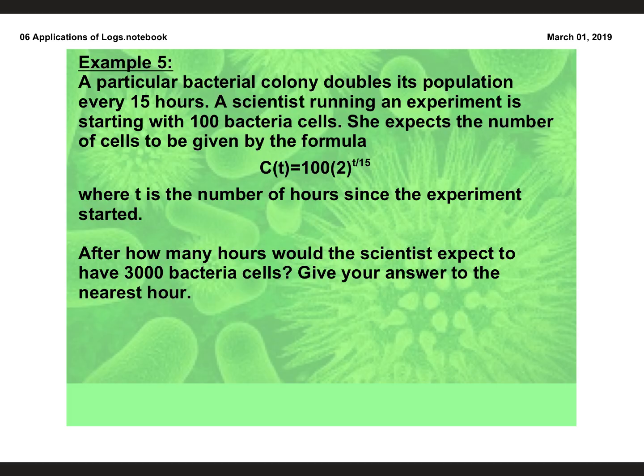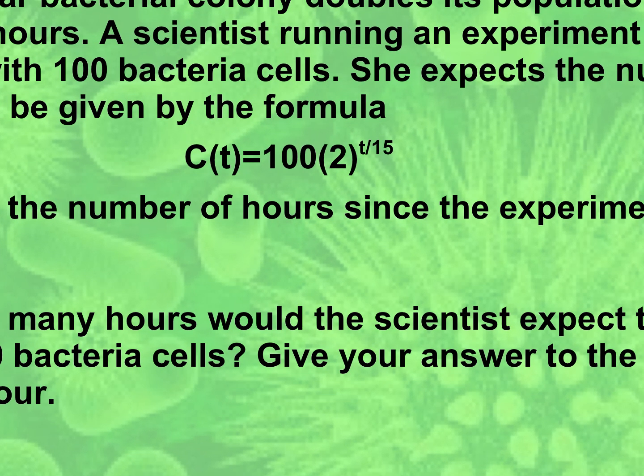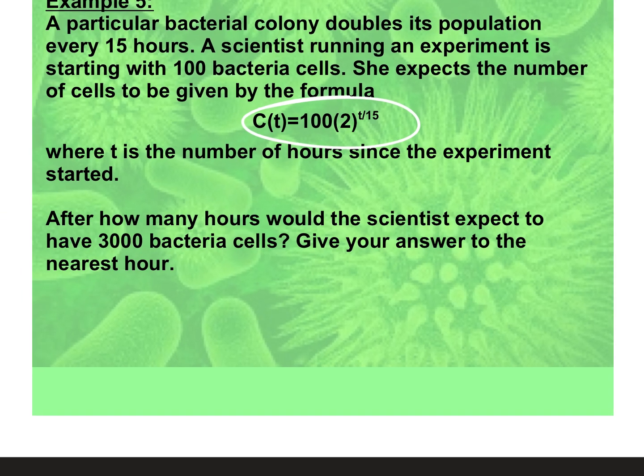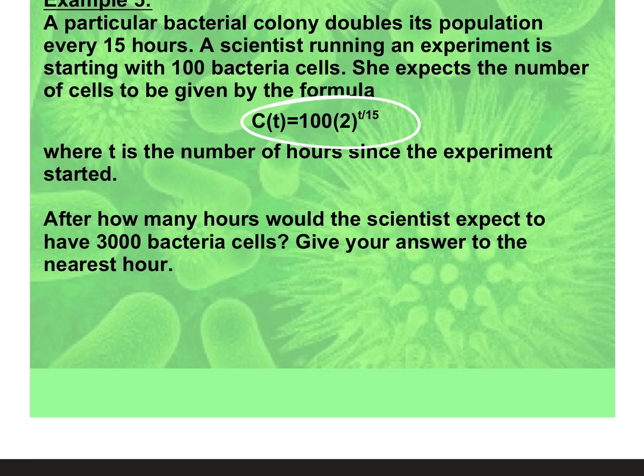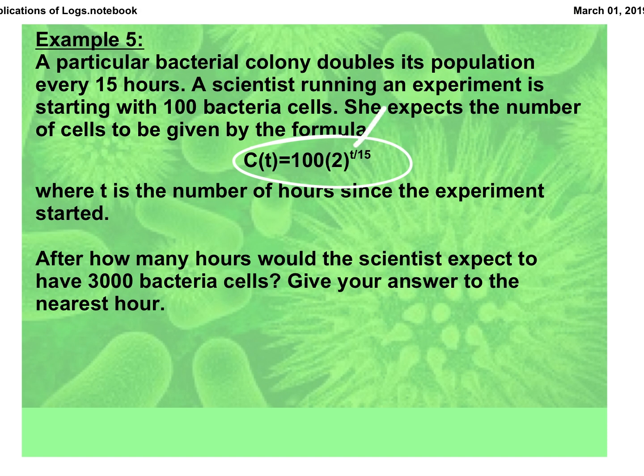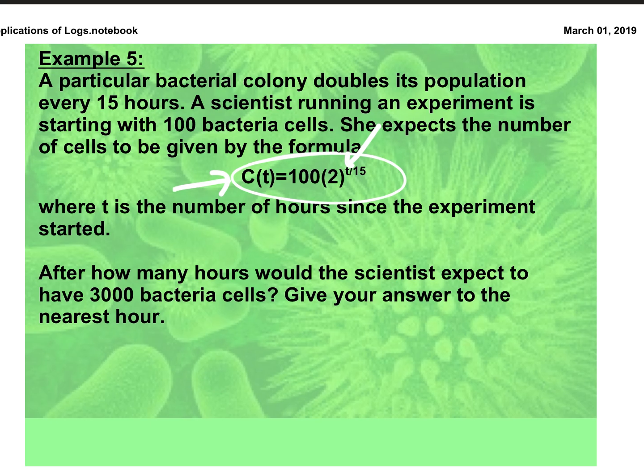Moving on to the next problem. Bacterial colony. I would jump right to this. Then I go look at the problem and go, what do they want? Where T is the number of hours since the experiment started. Okay, T is the hours. That's right there. And C must be something. I guess I can look back and go, what's the C?